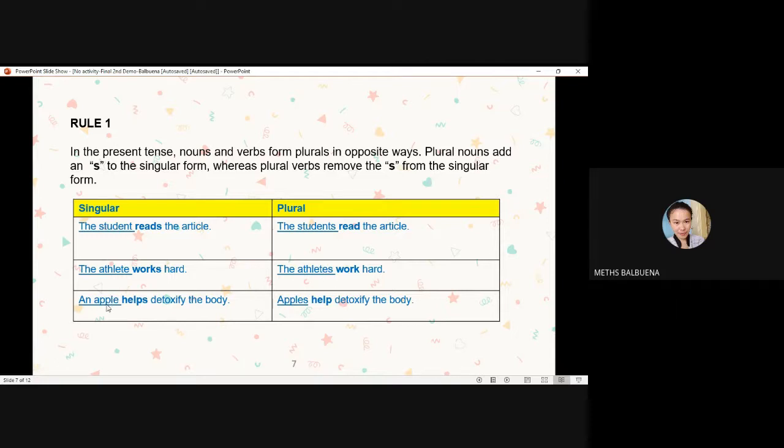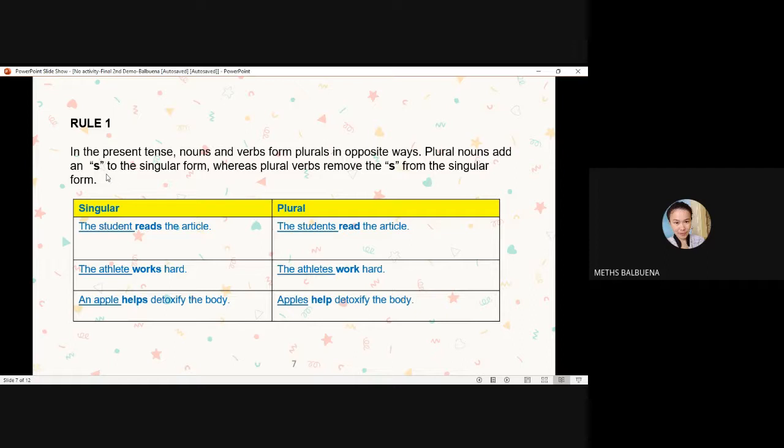Here, "An apple helps detoxify the body." "Apples help detoxify the body" in plural form. So here, this is plural, so the subject has an S and the verb has no S. And here in singular, the subject has no S and the verb has an S in it.